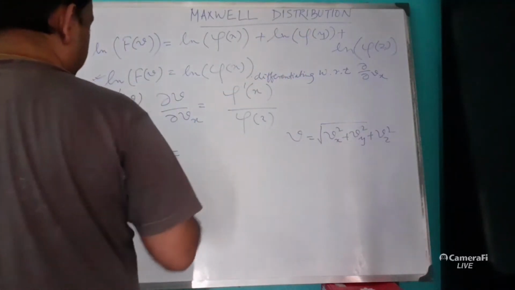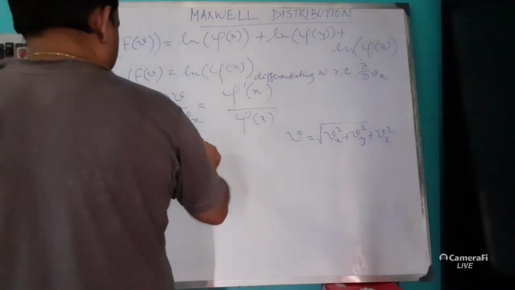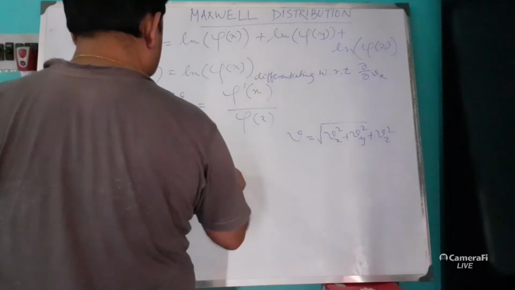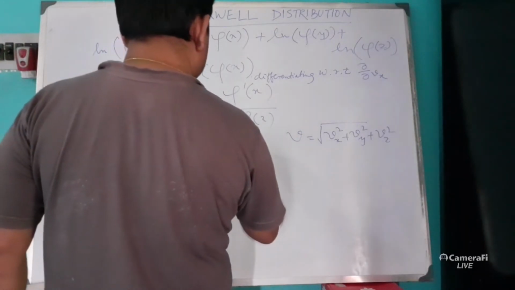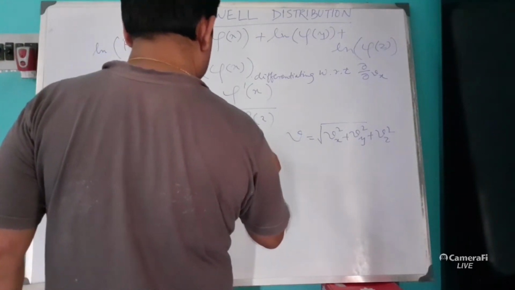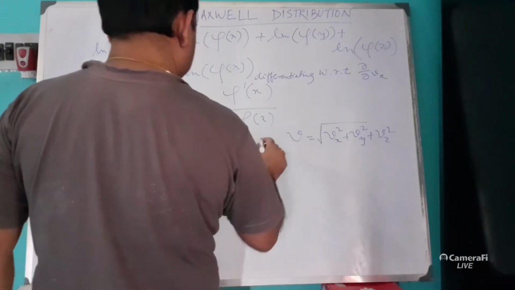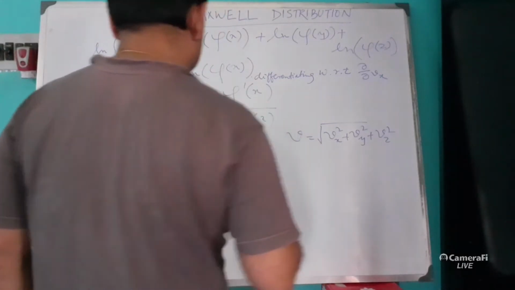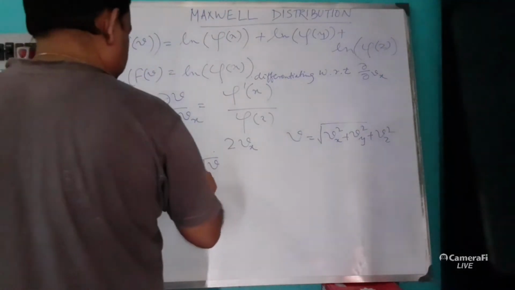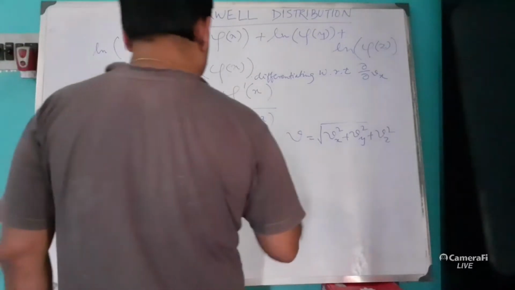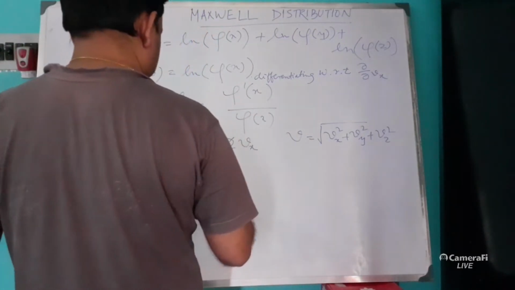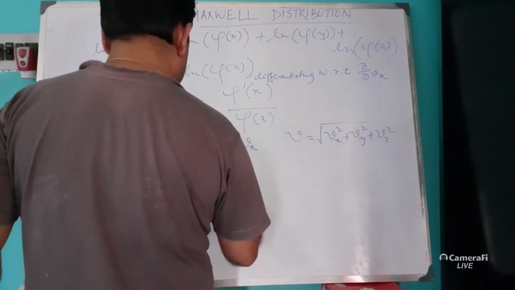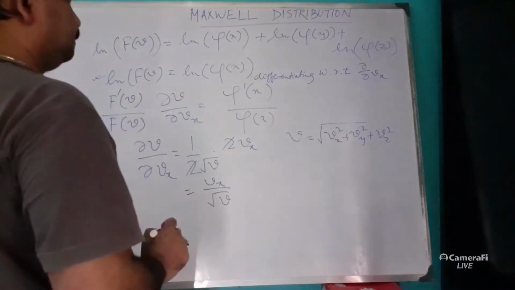So this will be equal to 1 by 2 root v times 2 vx. So the 2 cancels, and what we obtain is vx by root v.